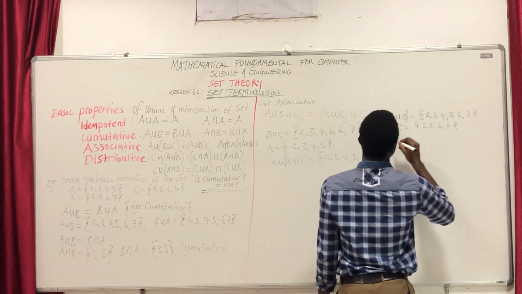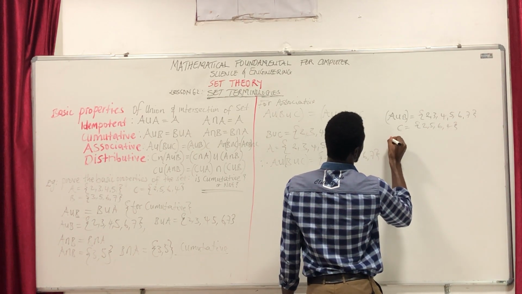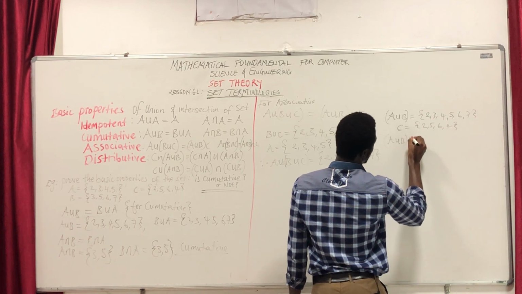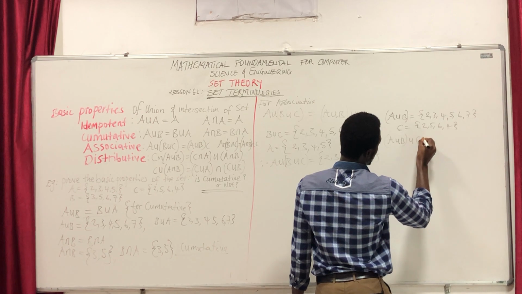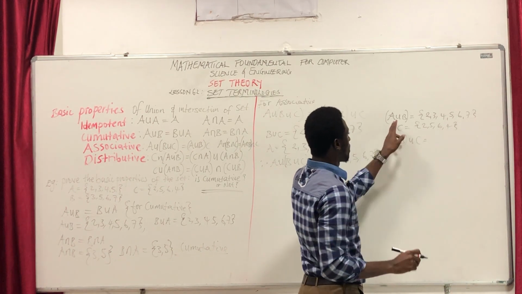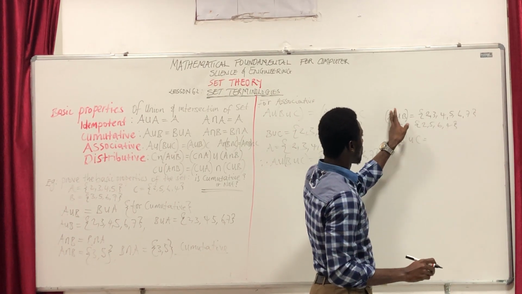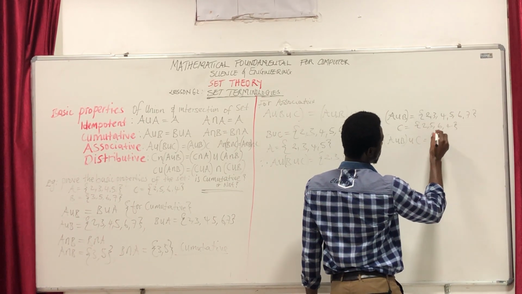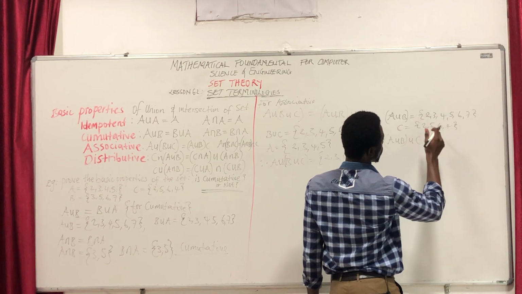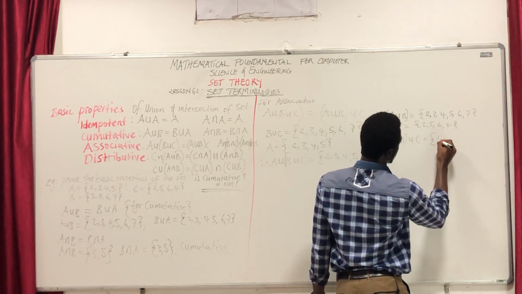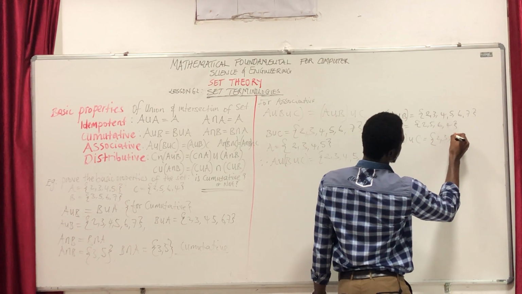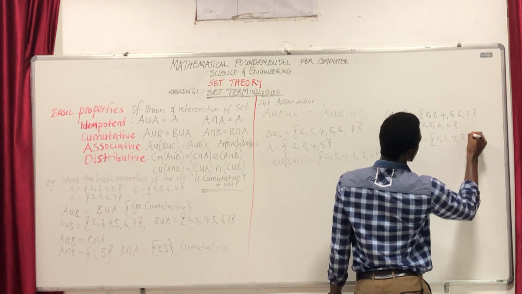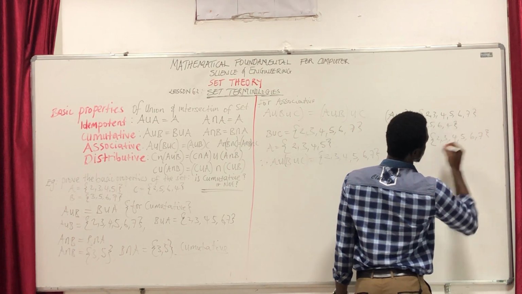Okay. So now A union B union C. We already have A union B, then we union A union B and C. So now our results will be C. We compare these two. 2, 3, 4, 5, 6, and 7.